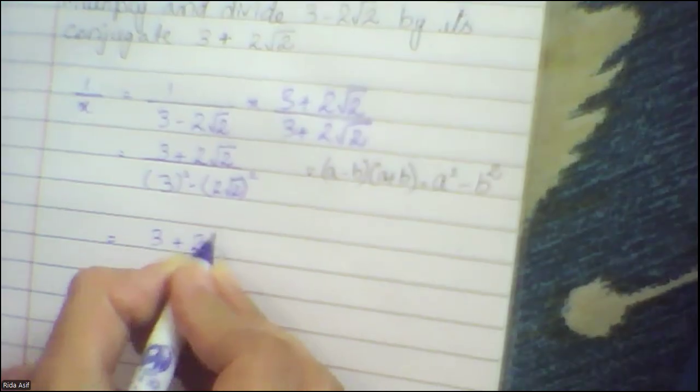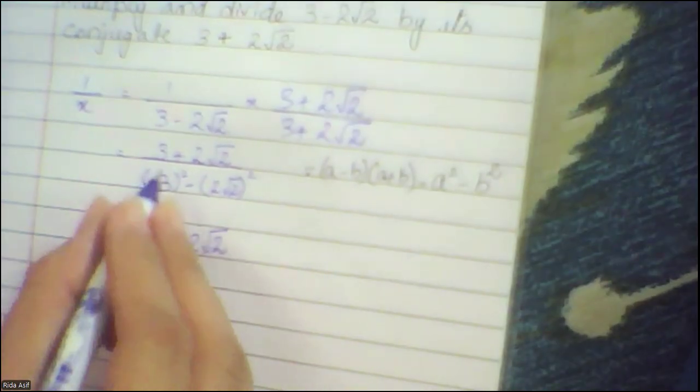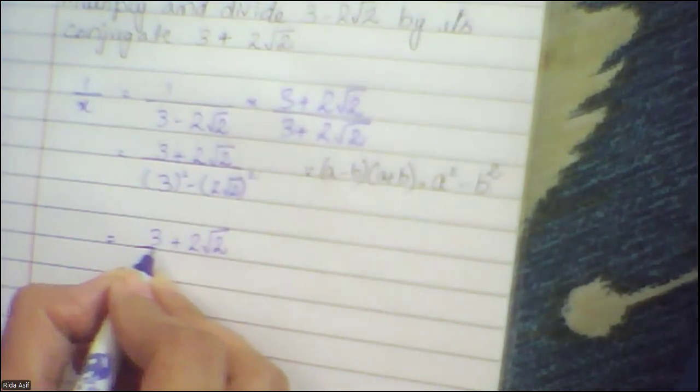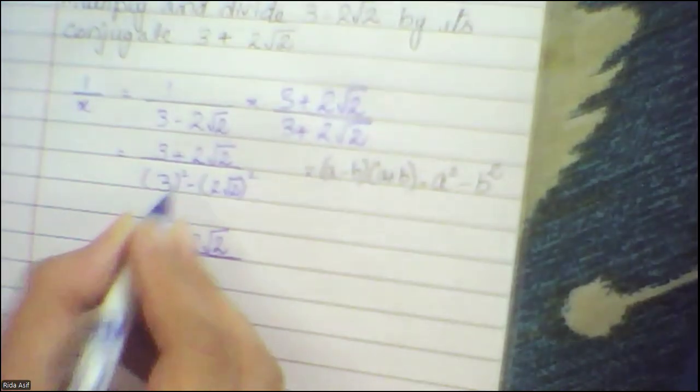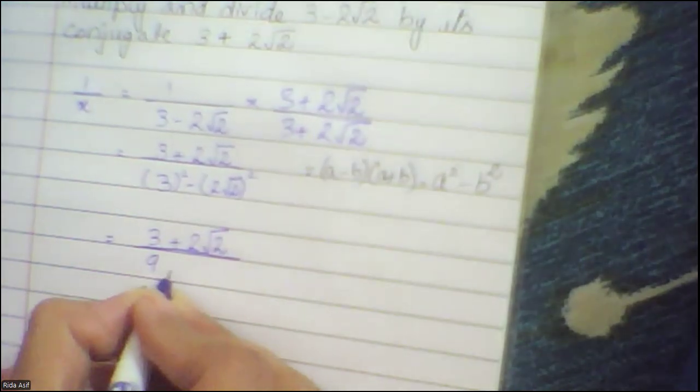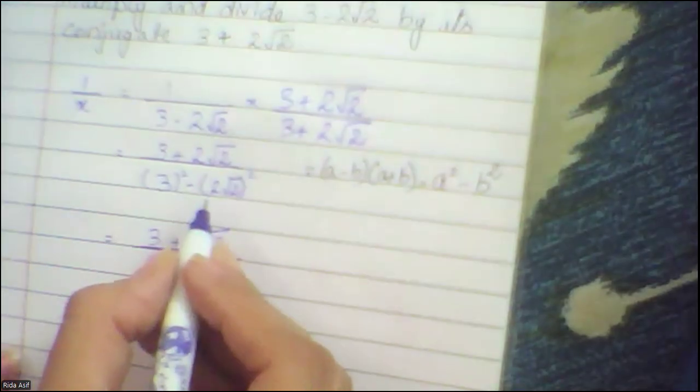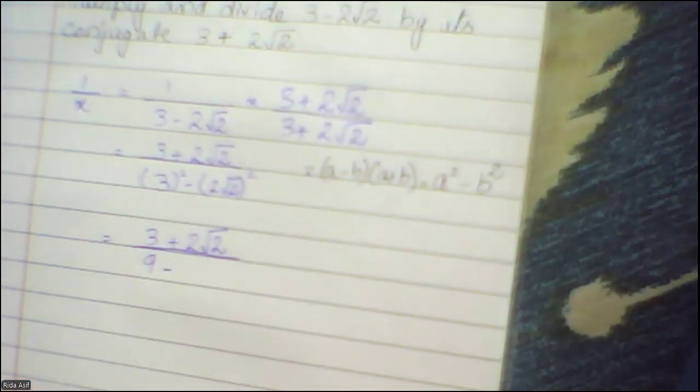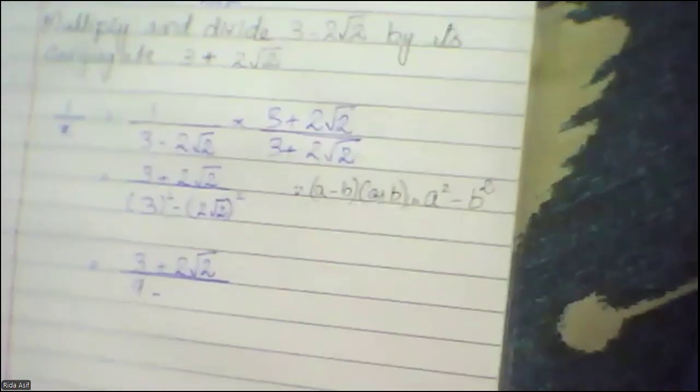So in the numerator, we get 3 minus 2 root 2. And what about the denominator? 3 square is 9. Now, what is the square of 2 root 2?